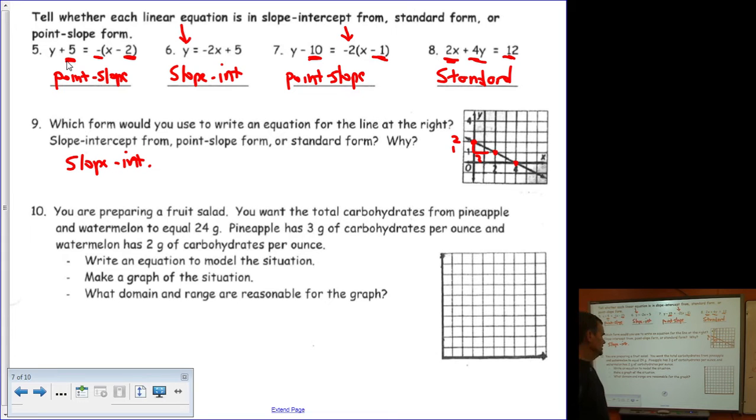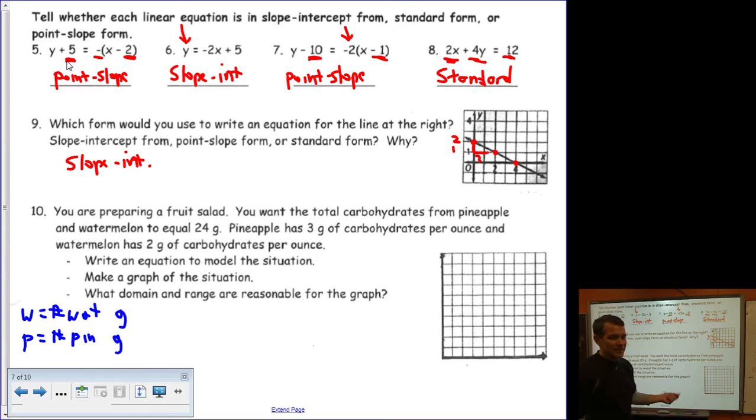So all my 3's and all my 2's have to add up to 24. All right, so I'm going to have W equal the number of watermelon grams and P equal the number of pineapple grams.